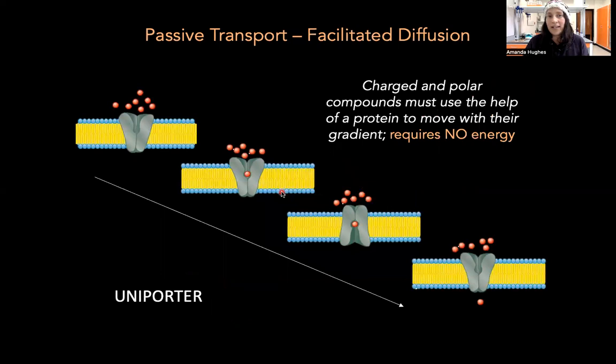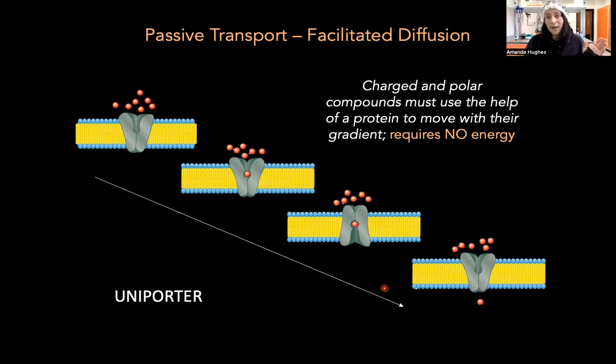The second type of passive transport was the facilitated diffusion. So this is where you have to have an integral membrane protein. Remember, that is a protein that spans both the inner and outer leaflets of the membrane. You'll need this protein to help move the molecule from the area of high concentration to the area of low concentration. Okay, so you can see kind of as it goes down.